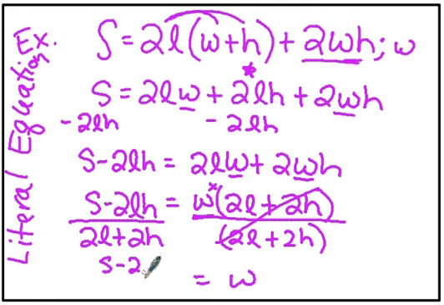And we get W is equal to S minus 2LH divided by 2L plus 2H. And because all things don't have a common factor, or all things don't have a like term that makes it possible to add them together, this is the simplified form of that equation being solved for W.